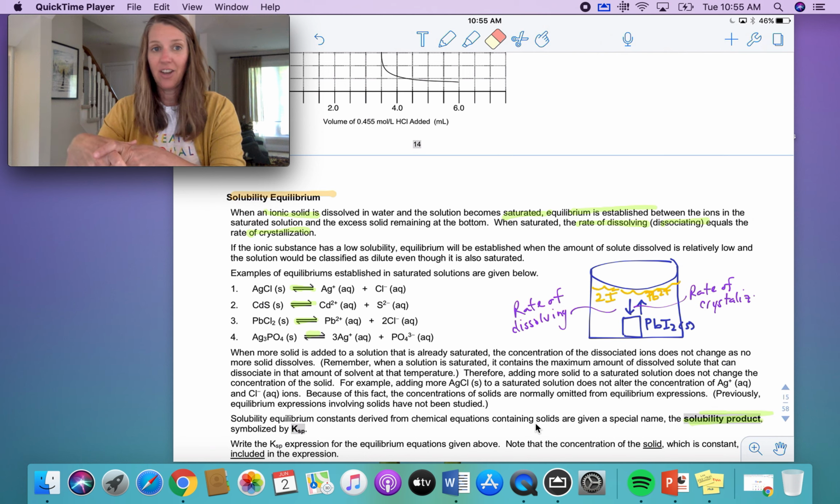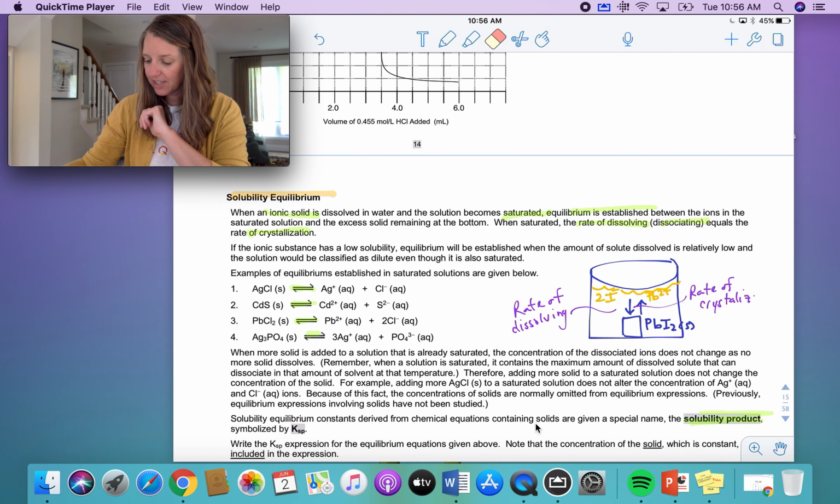So you're thinking of an ionic particle and you keep adding it to water and adding it to water. At some point, it reaches a saturation point where you can no longer add any more salt to it and have it dissolve. When equilibrium is established, it's because you've set up a system where it is now saturated.